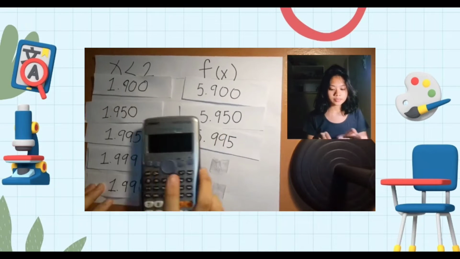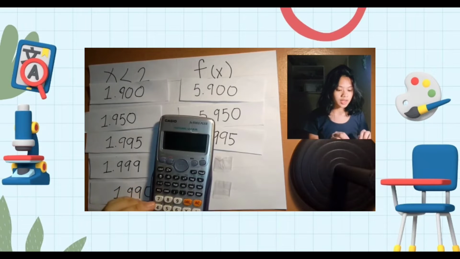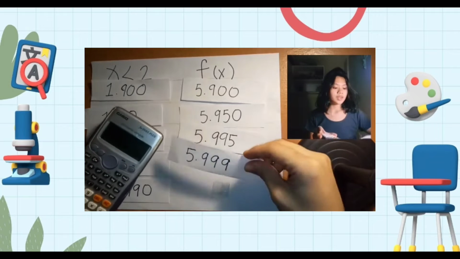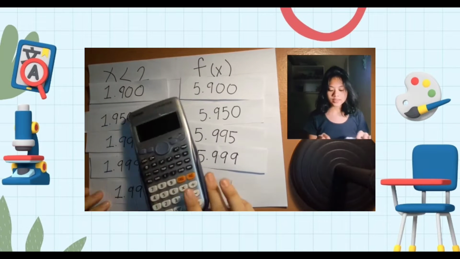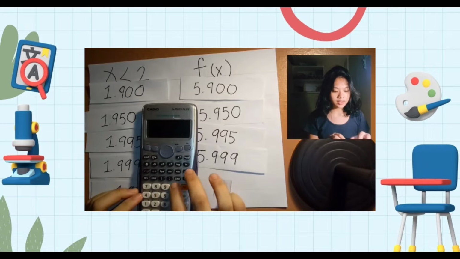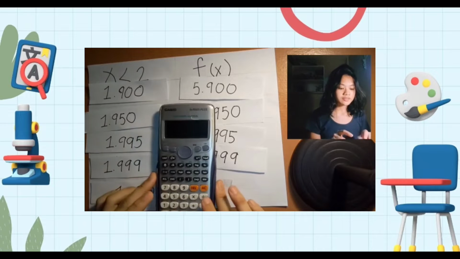Next is 1.999 plus 4 equals 5.999. Put it in here. And the last will be 1.990 plus 4 equals 5.99.